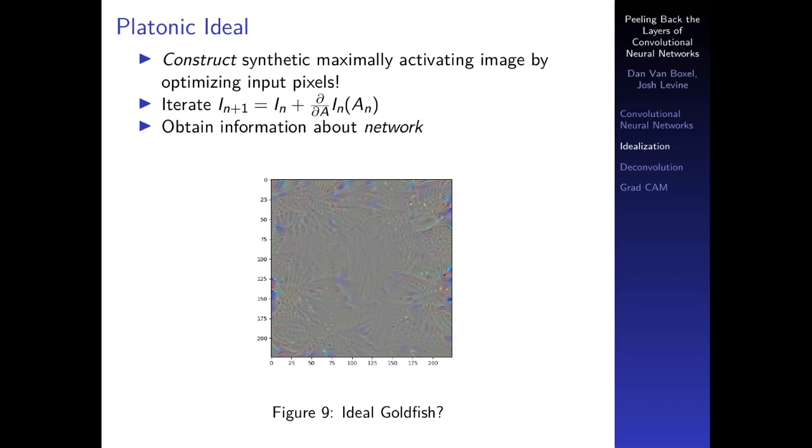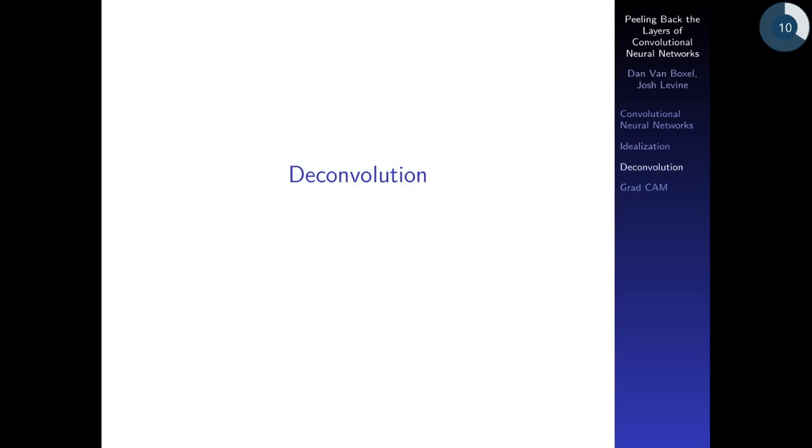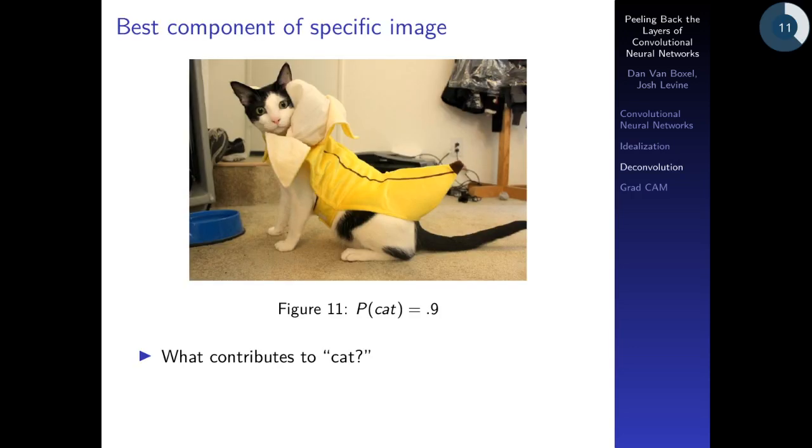What you might want to know, however, is something more along the lines of a specific image. I don't have time to talk about this particular image, so we'll go on, but this is just looking at different idealizations for different filters. Okay, there's a cool idea called deconvolution, where I want to find, for a given image, what about this image most contributed to the idea of cat.